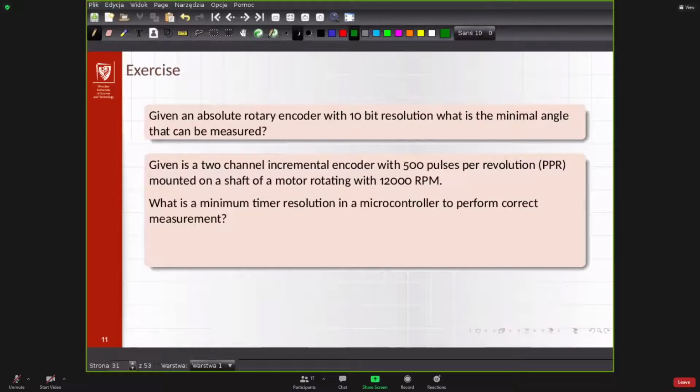So we have an incremental encoder with two channel type with 500 pulses per revolution, and we put this encoder on a motor that makes 12,000 revolutions per minute. So how quickly should you measure the data to make correct measurements with a microcontroller?